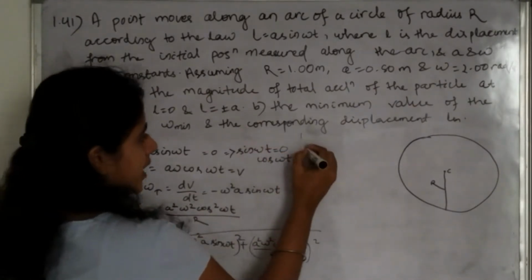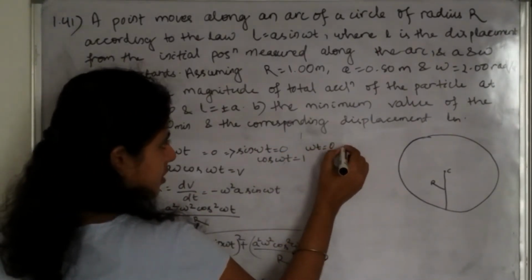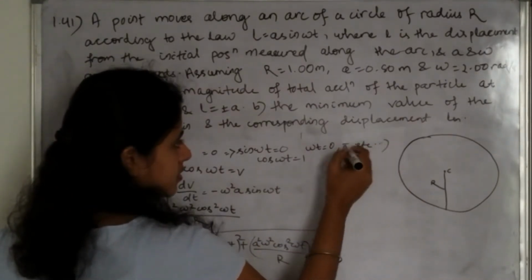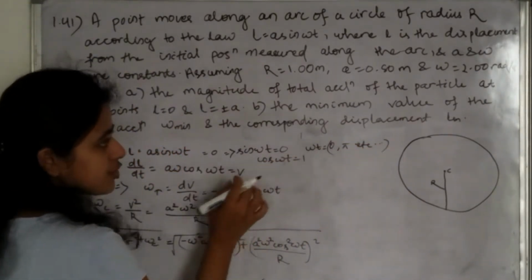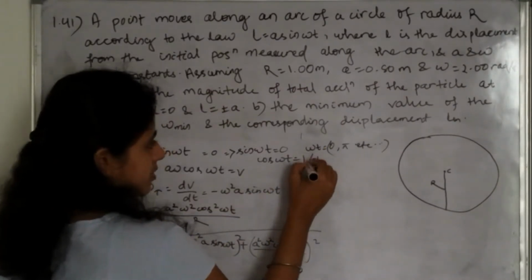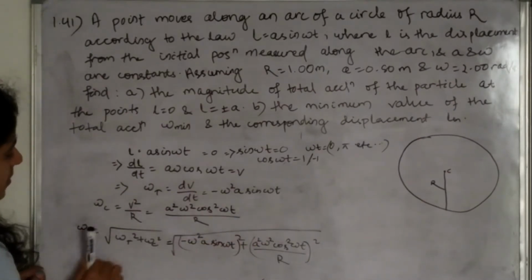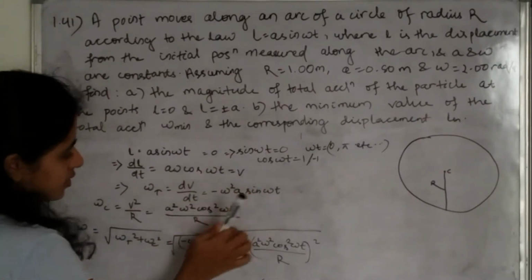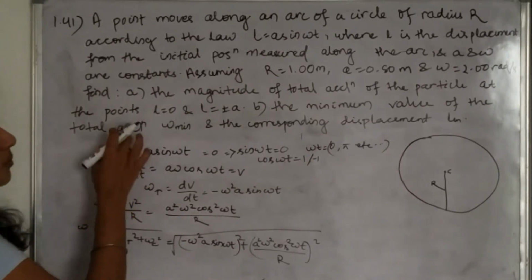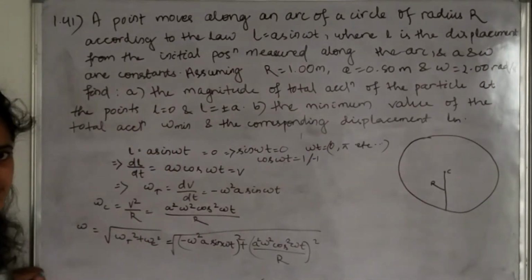Because this omega t value will be 0 or pi, like this. So cos 0 is equal to 1, but cos pi is equal to minus 1. So this will be 1 or minus 1. So by putting the value of sin omega t and cos omega t in this equation, you can find the total acceleration at points L is equal to 0.